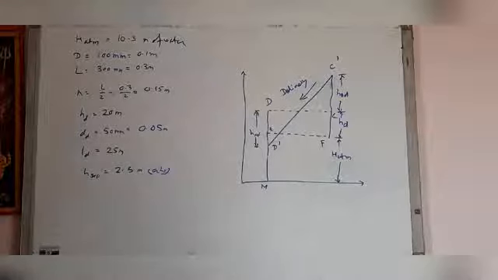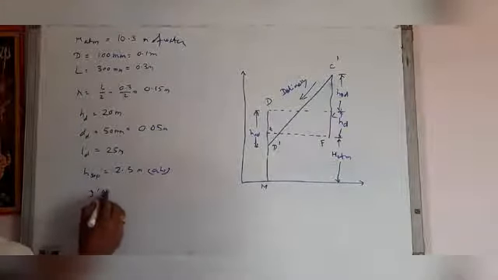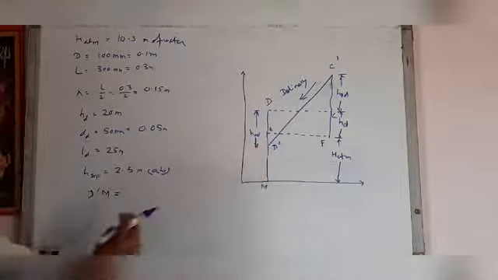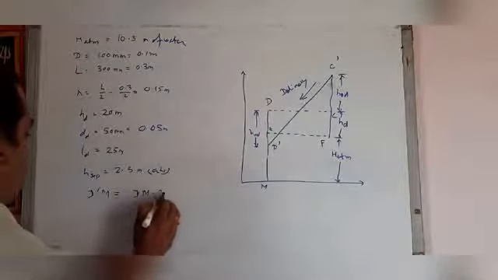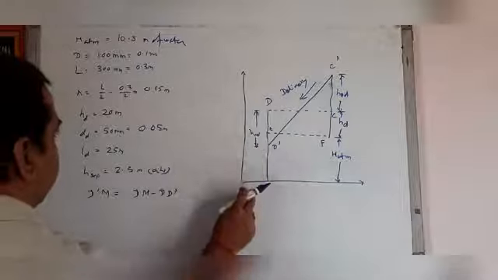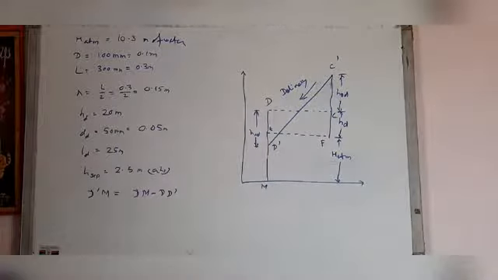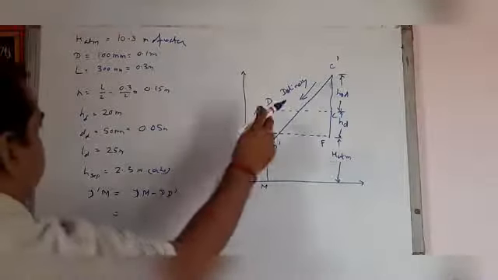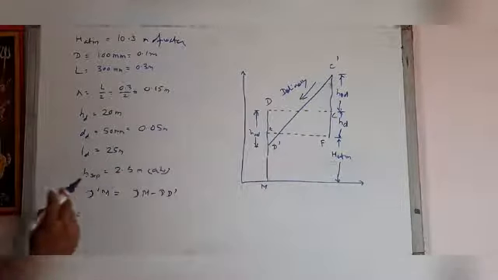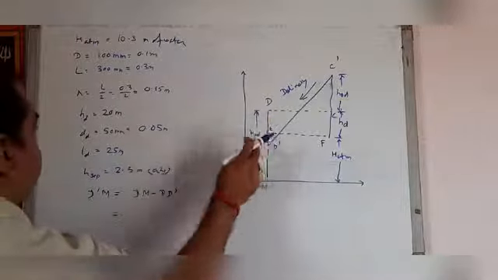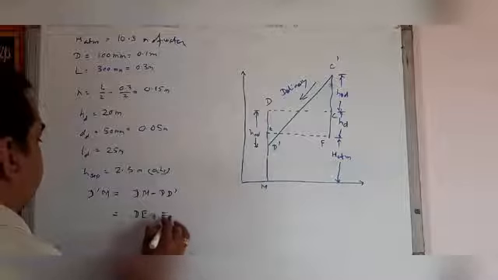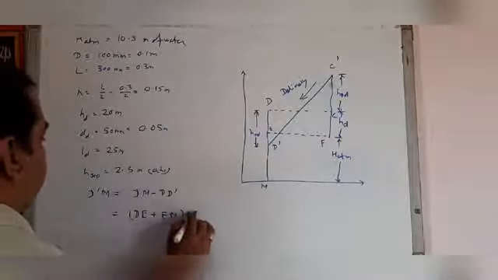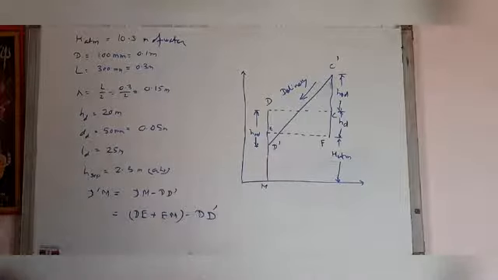D dash M equals DM minus DD dash. That is equal to DM, which is also DE plus EM, minus DD dash.